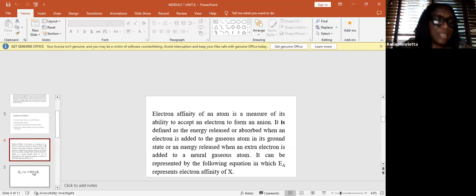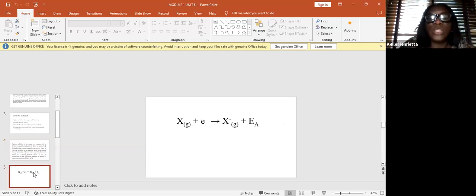And we represent it by this equation. The element we represent as X. It can be any element in its gaseous state. That's why you have a G. The energy released or absorbed, that's why you see plus E, to form an anion. So this atom X forms an ion. That's why you're seeing X minus.